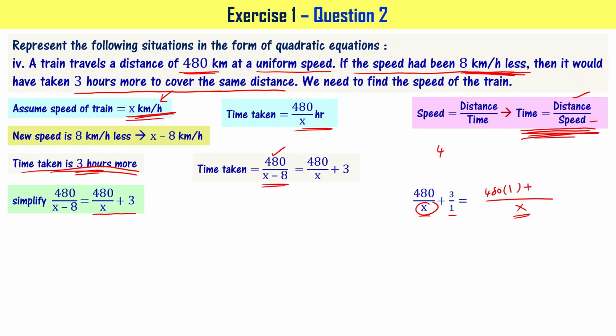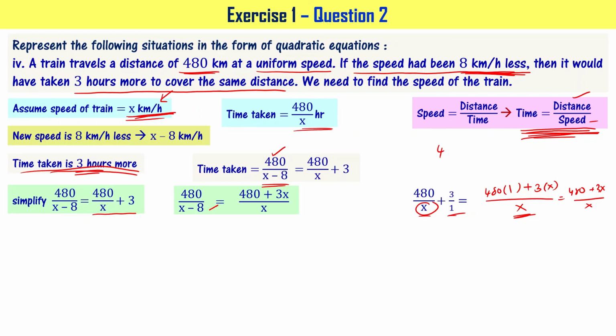Plus, let me write 3 as is. This x divided by 1 is x, right? Now, this is going to be 480 plus 3x divided by x, right? Now, let me substitute that so that I can write the equation as 480 by x minus 8 equal to 480 plus 3x divided by x, right?